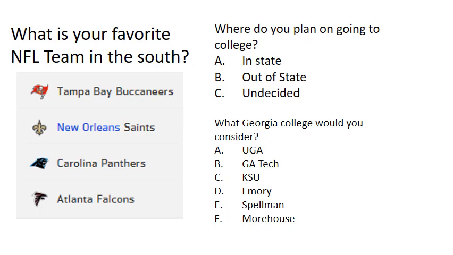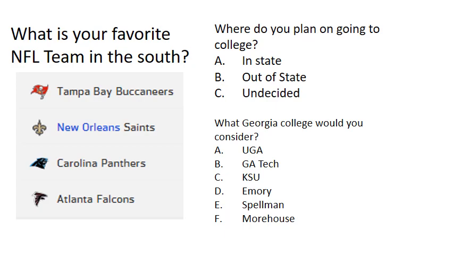So, what is your favorite NFL team in the South? Well, the NFL South teams are Tampa Bay, New Orleans, Carolina, and the Atlanta Falcons. So, you are dictating what their response could be. Now, understand those are going to be the different categories you can give. The other part that you have to do in order to make it a two-way frequency table is collect the data whether you're asking a male or a female that question.